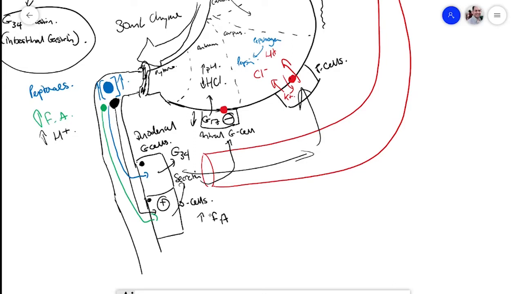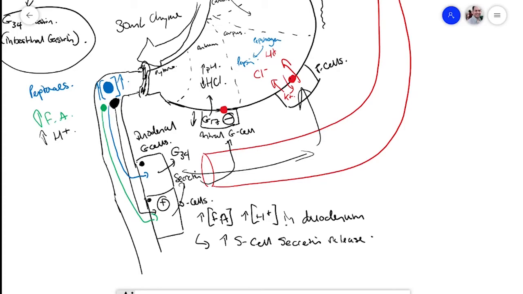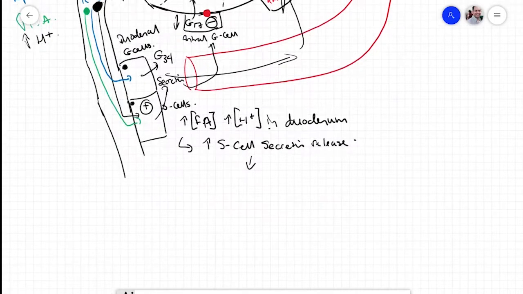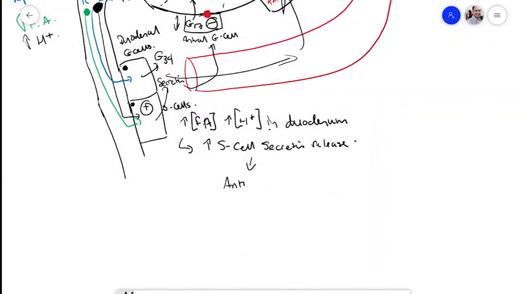So the S cells, what happens? An increase in fatty acid concentration, or an increase in the concentration of protons in the duodenum, brings about an increase in S cell secretin release, which then impacts on the antral G cells, which then decreases G17 gastrin production/release.